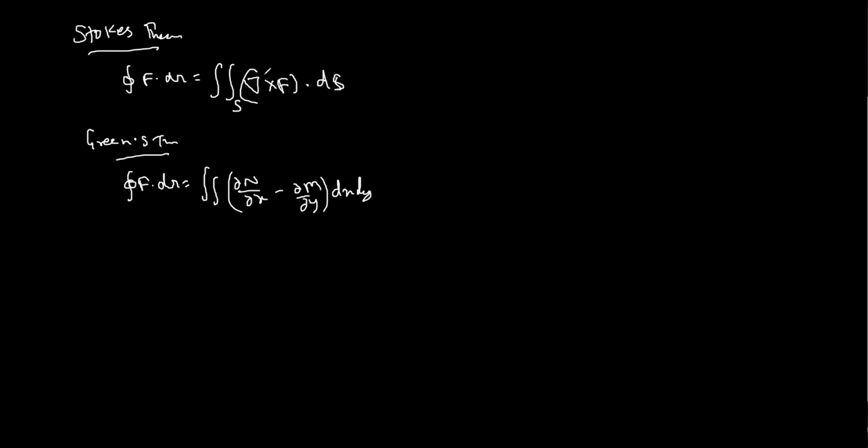In Stokes theorem, what do you do? First, you have to find the curl of F. Then, with curl of F, find the dot product with dS. dS is what? Surface.